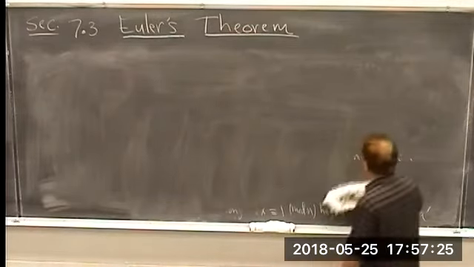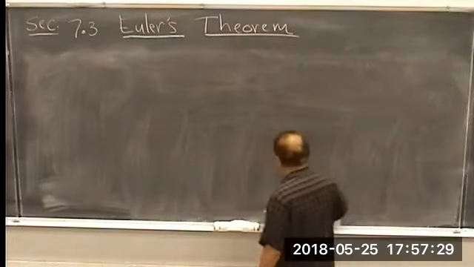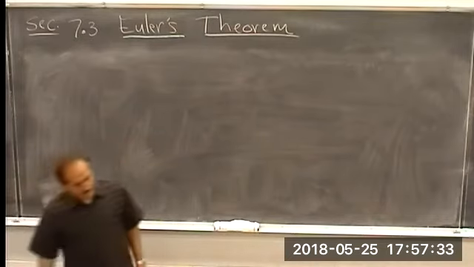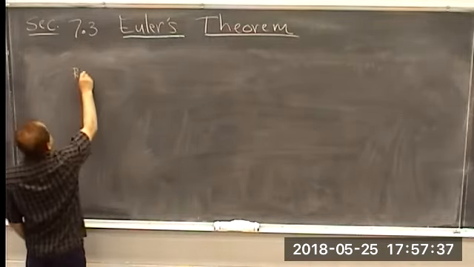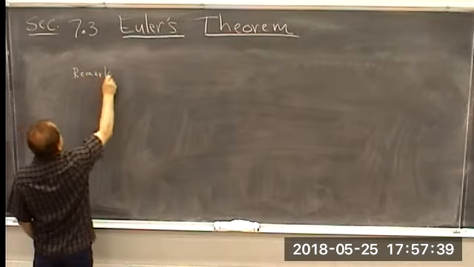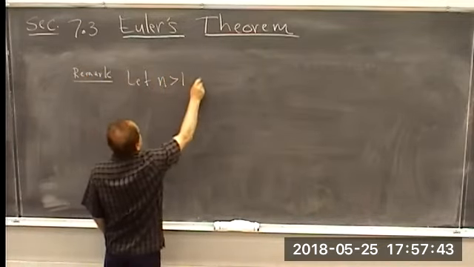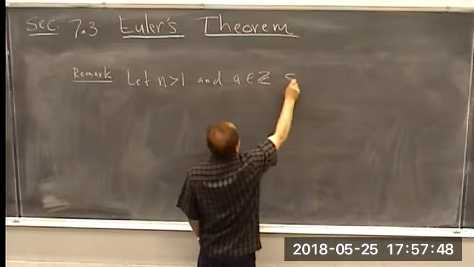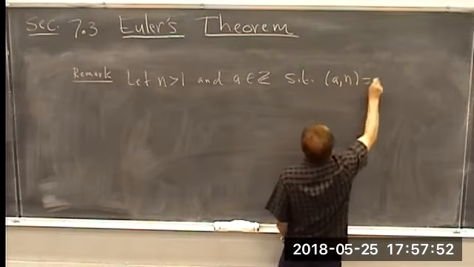We put this as a remark, and here again, let n bigger than 1 and a in Z such that a is relatively prime to n.